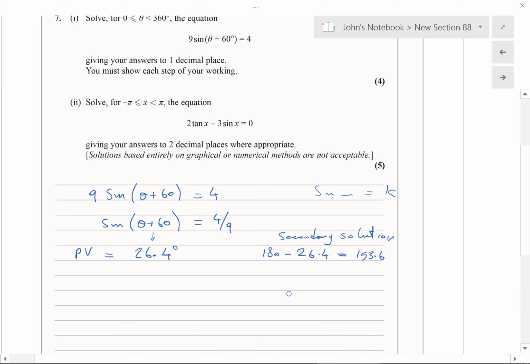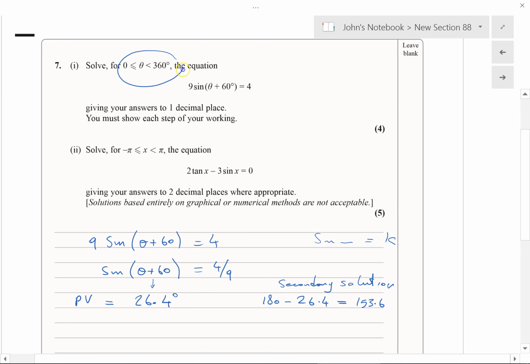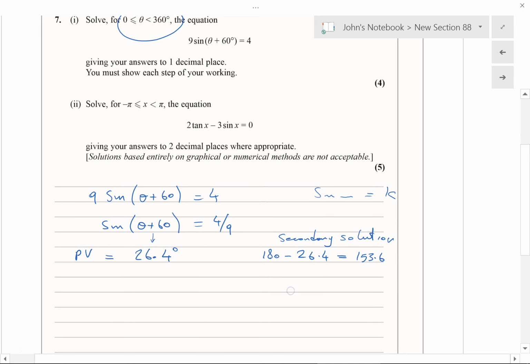Okay, but don't forget that this is actually theta plus 60 here, and we want theta between 0 and 360. So we've got theta plus 60 is equal to this principal value, 26.4. But when I take 60 from that, it's going to be outside our range. So we need to take a little bit of care.